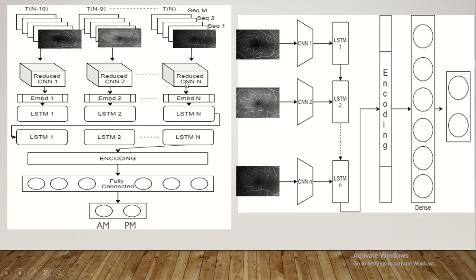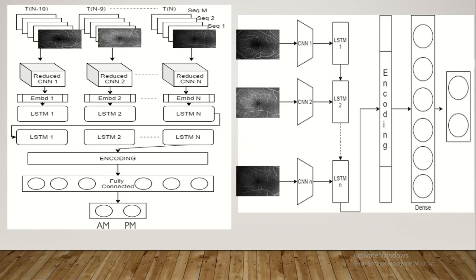They pass through the CNN, giving embedded features, then through LSTMs, then encoding, and then a fully connected neural network classifies whether it is AM or PM.